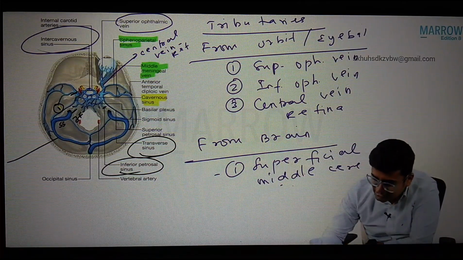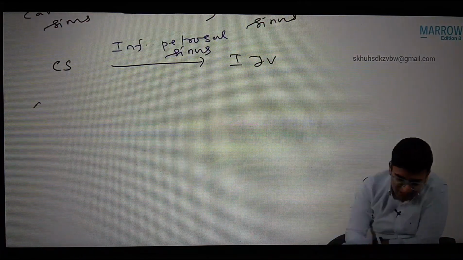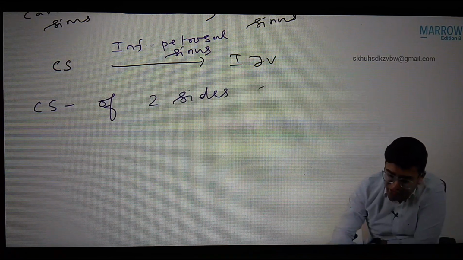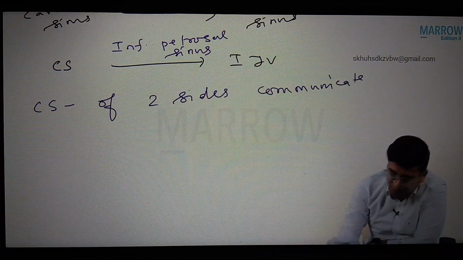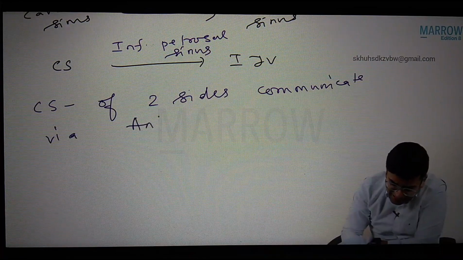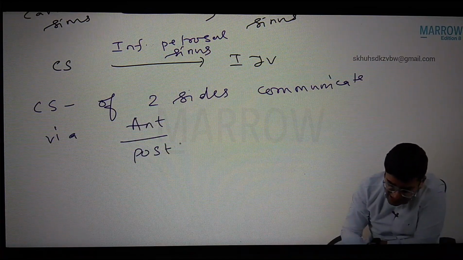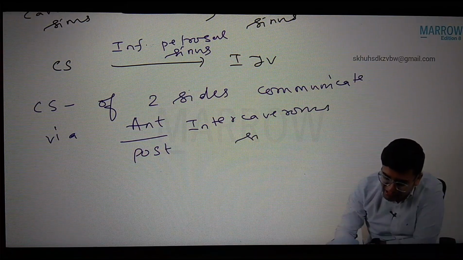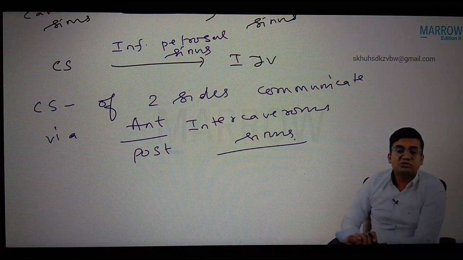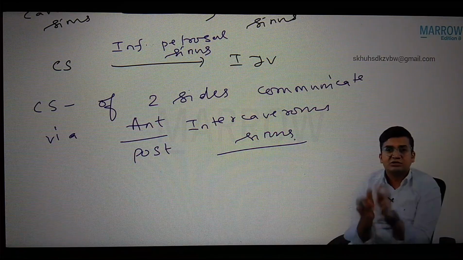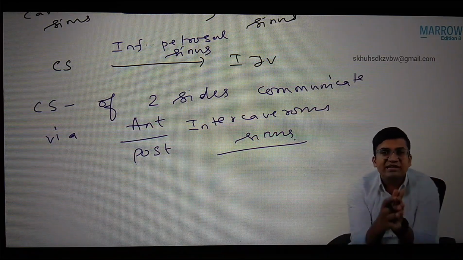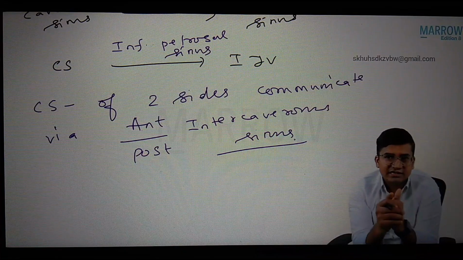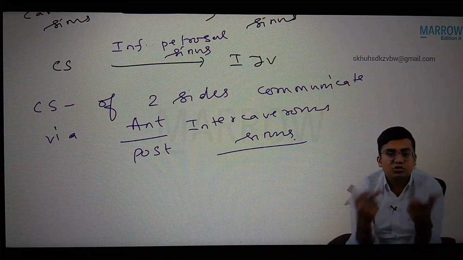So cavernous sinus of two sides communicate via anterior and posterior intercavernous sinus. So this is very important. Why, sir? Because cavernous sinus of two sides are communicating freely with each other. So any infection in any one of the cavernous sinus, the infection easily goes to the other side.